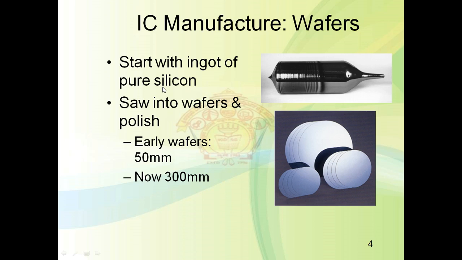The process starts with the preparation of the silicon ingot, which is then cut into wafers with a thickness of less than a millimeter, and these slices are finely polished.